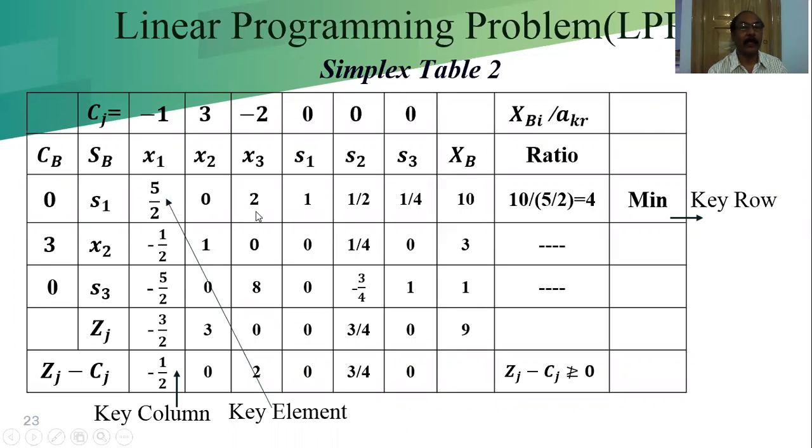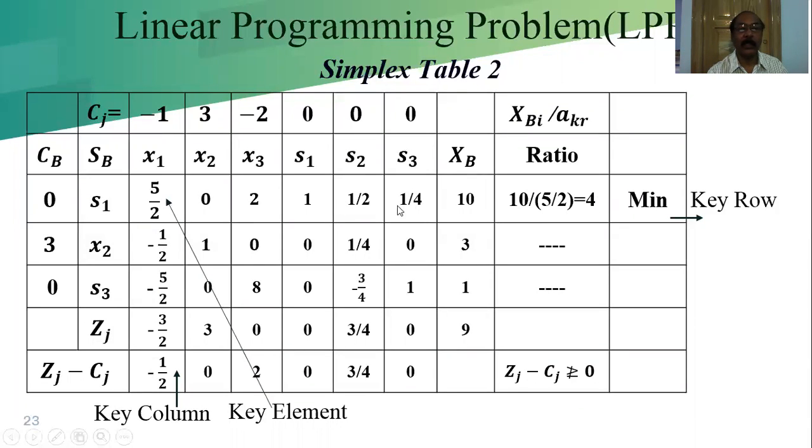From that we have to find out which one to be the departing variable, and the corresponding row will be the key row. See here all the elements are negative corresponding to the x2 and s3. So we cannot use these two elements for finding the ratio. Only one element is left. So 10 by 5 by 2 is equal to 4.